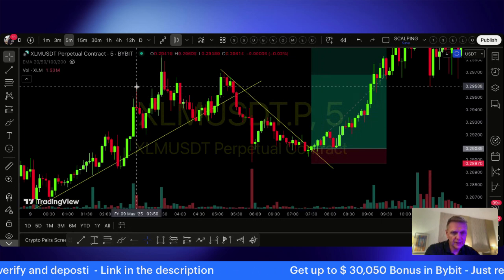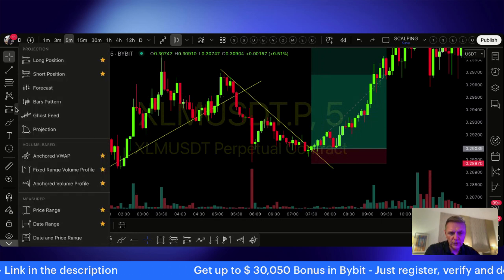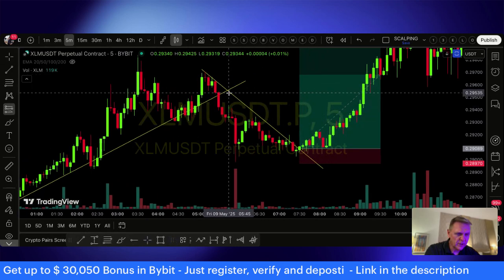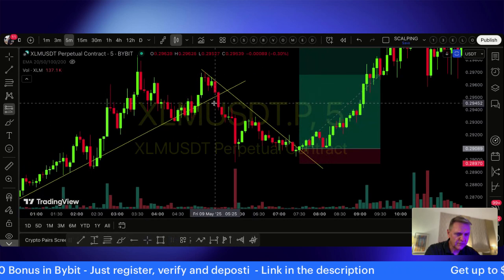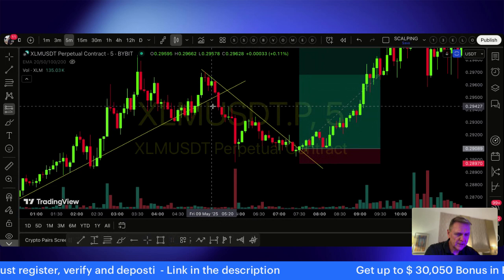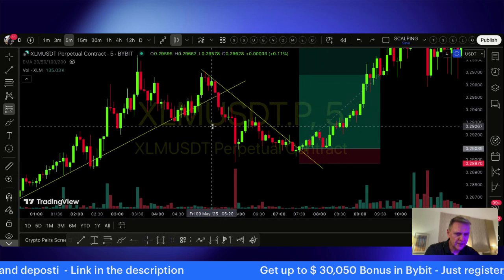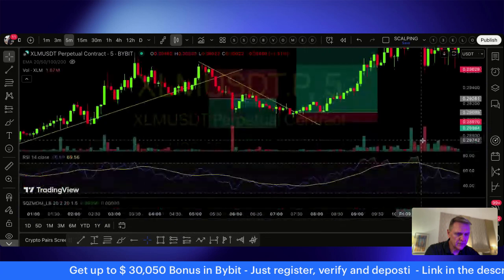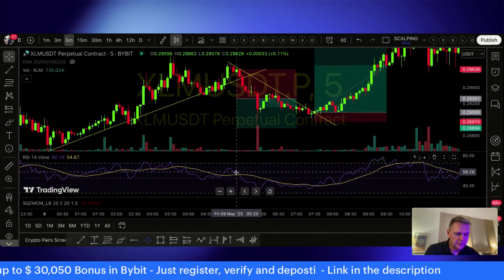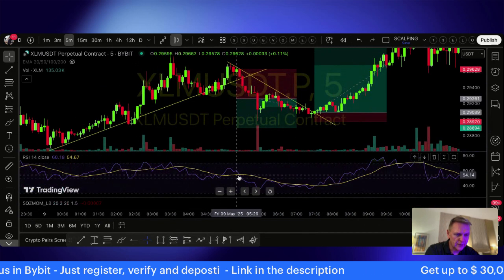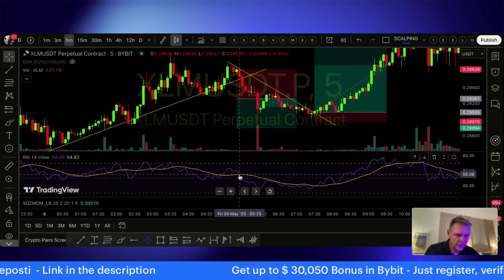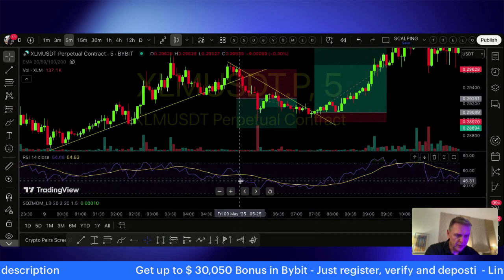Okay, and here you would just wait here. We see this. Maybe when it's breaking down, do you have a confirmation? Yes, we have here the confirmation from the breakdown. Here you see that the RSI tries to go above, it's pushed below.